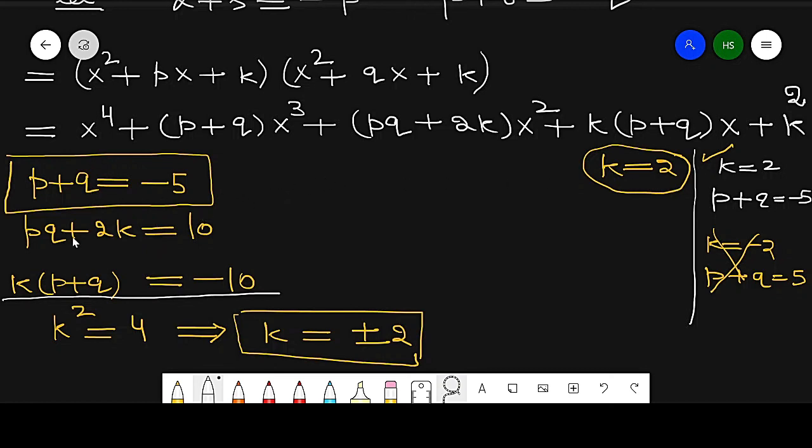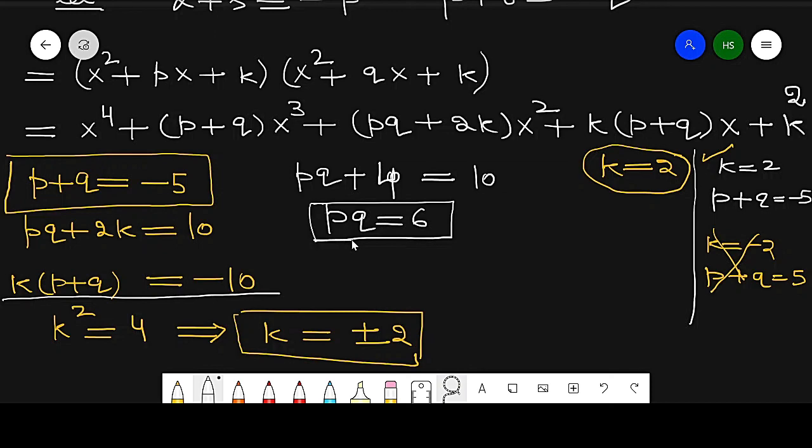So pq plus 4 is equal to 10, so pq is equal to 6. That is my right value.